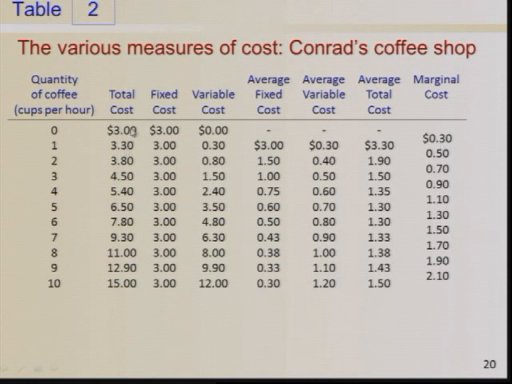The $3.30 minus 3. Where did they get the 50 cents? That's the marginal cost of making the 2nd cup of coffee. They did $3.80 minus $3.50, and then so on and so forth to get that whole column. So make sure you know these formulas and you're able to fill out a chart like this.